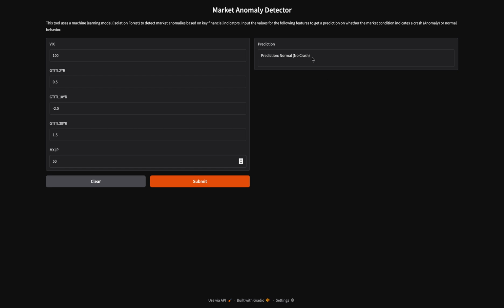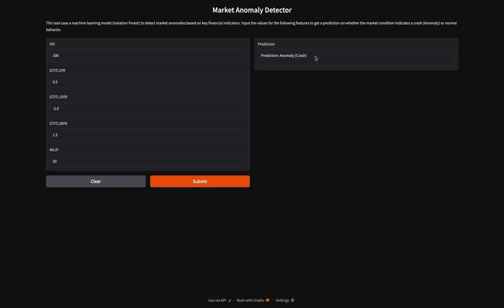So this should detect an anomaly because there's extreme volatility indicative of market panic, and usually those two are unusually low or negative yields, which suggest unusual market conditions or severe deflationary pressures. And then this one, flattening or inversion of the yield curve. And this one could be a sharp decline in the stock index. So based on these values, our prediction should detect a crash or anomaly.